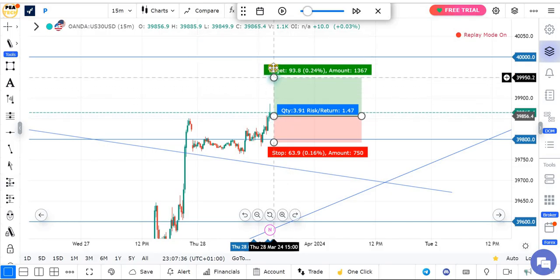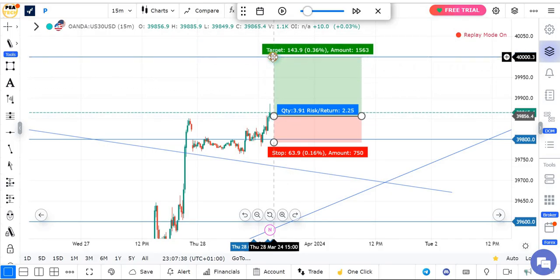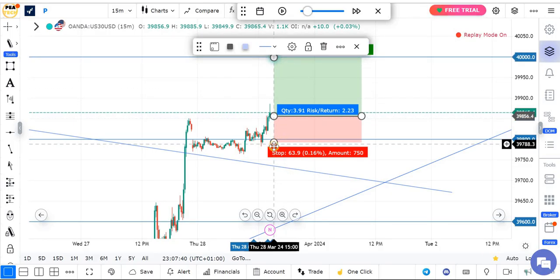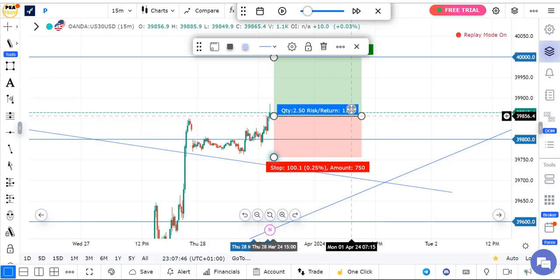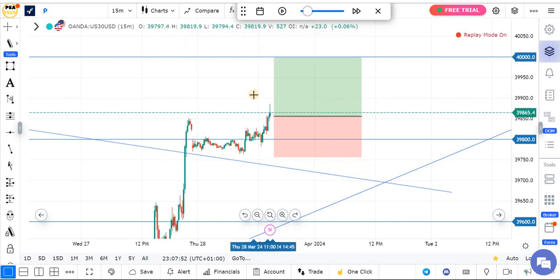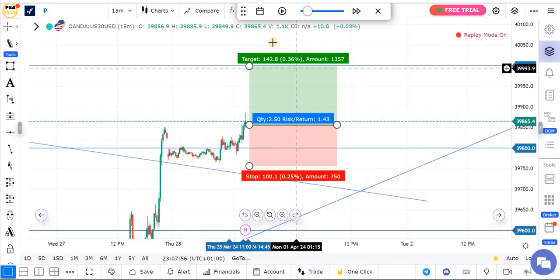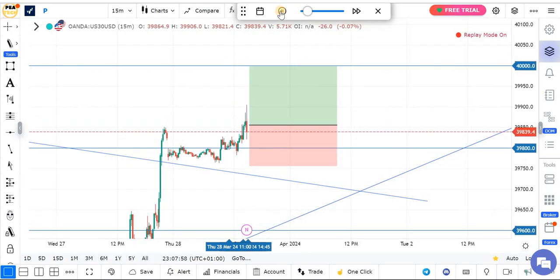If you are going long, here will be your target, right? This particular point, and your stop loss will be below this point. So this one, you can see that the risk to reward is 1.4, right? So this kind of trade, if you are comfortable, you can take them. But me as a person, I will not take this kind of trade.